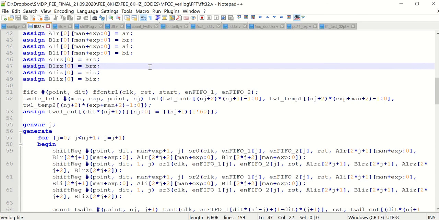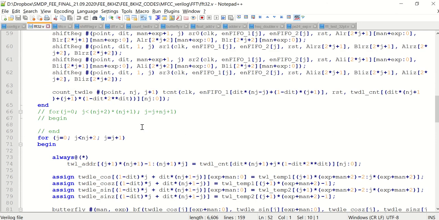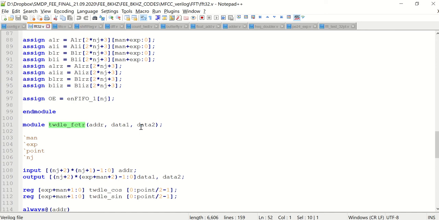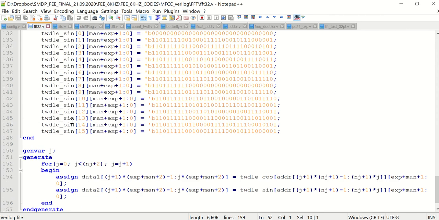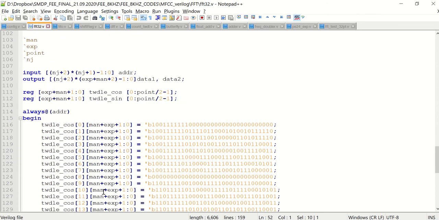Next comes the twiddle factor module. In this module we store all the twiddle factors required for the implementation of a 32-point FFT. These are the twiddle factors required and are all stored in registers, declared as registers.